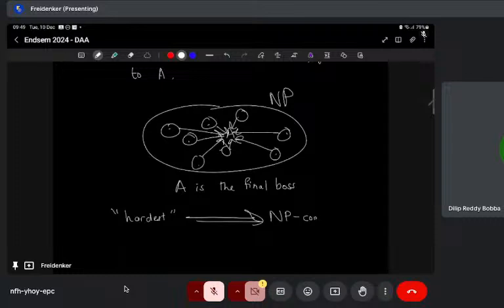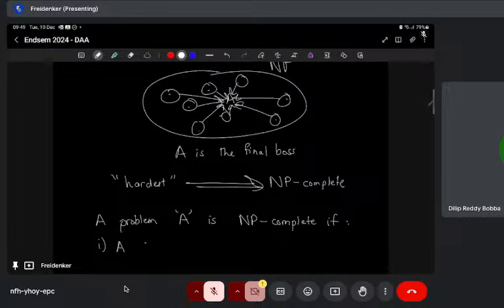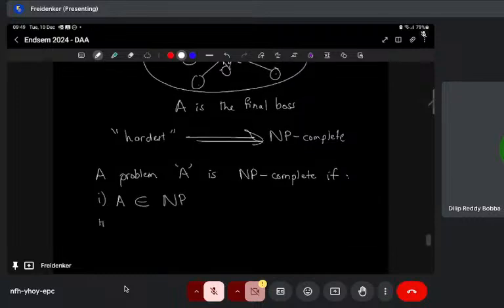What you've just seen, I'll write it once again. A problem A is NP complete if the problem first of all belongs to the class NP, and then every other problem in NP is poly-reducible to A. I'm writing poly as well so that you don't forget.